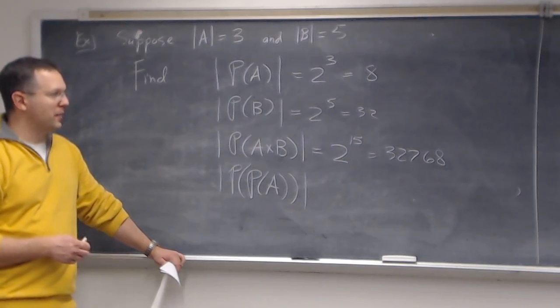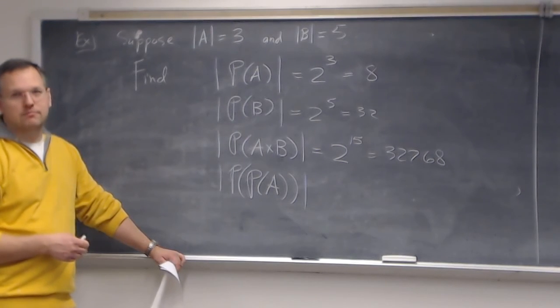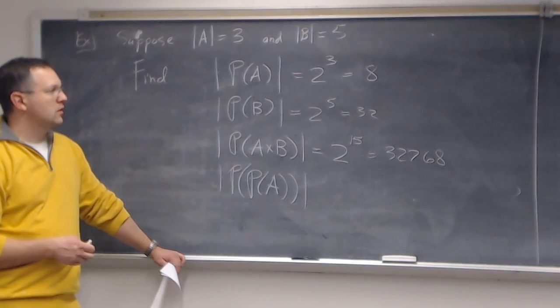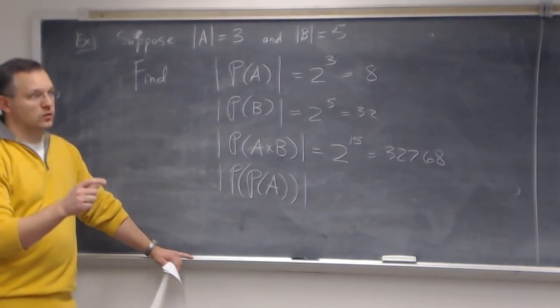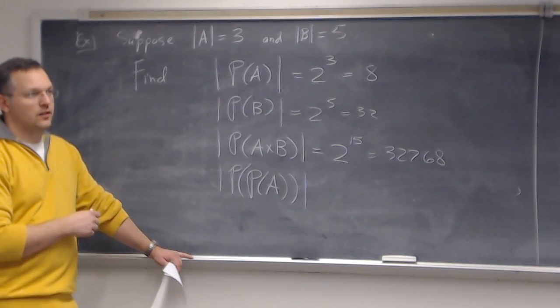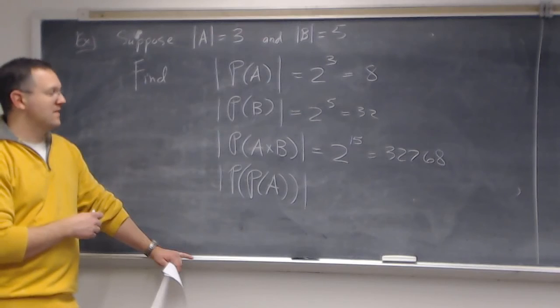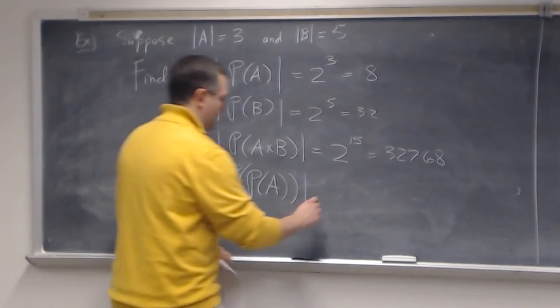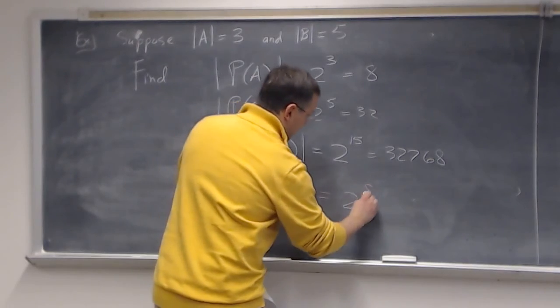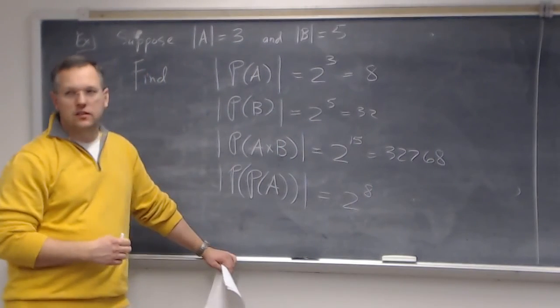What's the size of the power set of the power set of A? 2 to the second to the third. Are you saying 2 to the second, which is 4, to the power of 3? Or 2 to the 8th? What do you think?